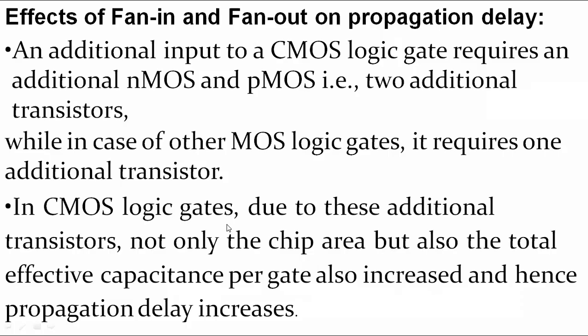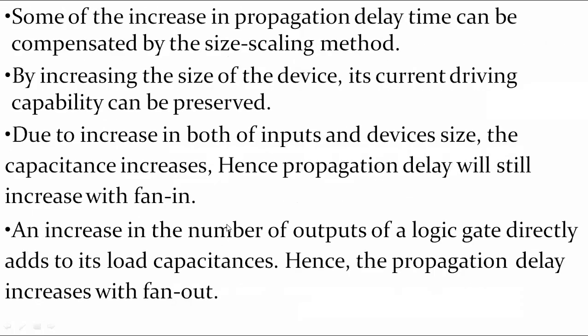Finally, some of the increase in propagation delay time can also be compensated by the size scaling method. By increasing the size of the device, its current driving capacity can be increased. Okay, but due to increasing both the inputs and device size, capacitance increases.